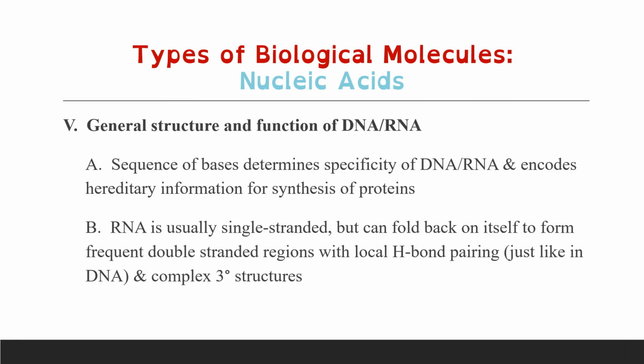Now, the general structure and function of DNA or RNA: sequences of bases determine the specificity of DNA or RNA and encode hereditary information for the synthesis of proteins. RNA is usually single-stranded but can fold back on itself to form frequent double-stranded regions with local hydrogen bond pairing, just like in DNA, and complex three-dimensional structure.